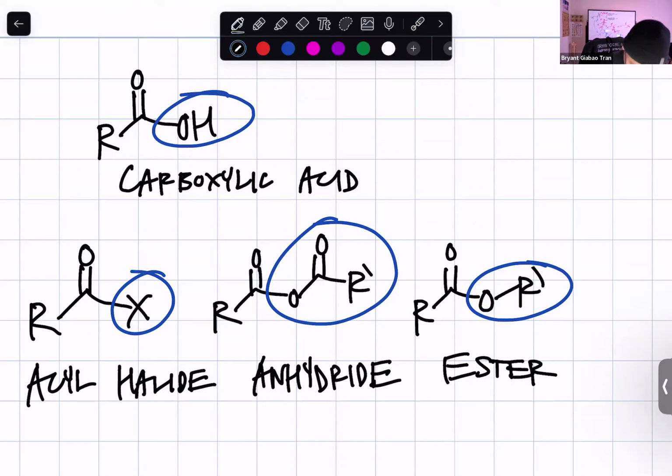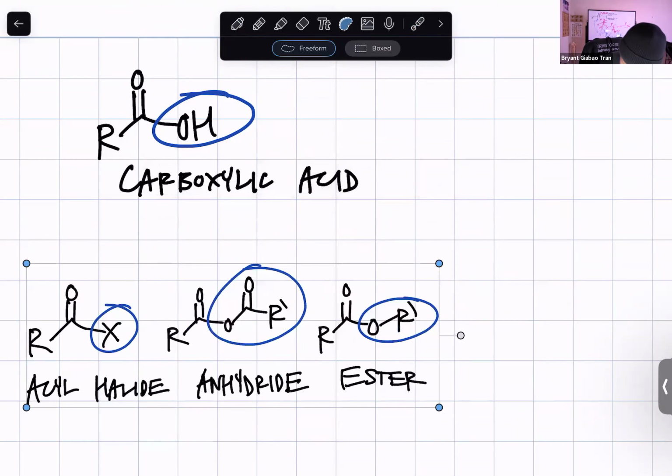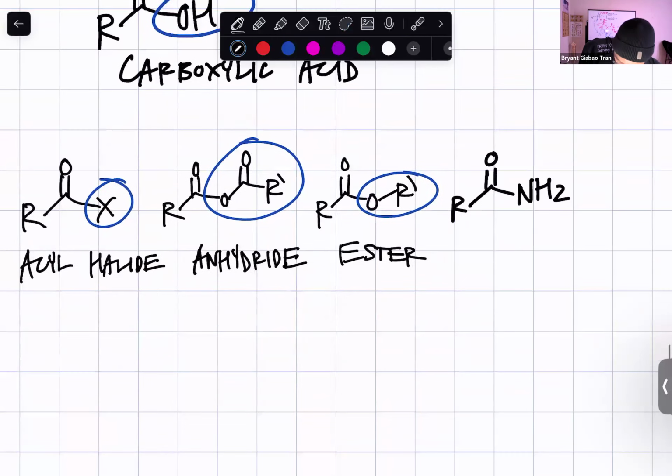Right? And then the other thing is going to be an amide. So you are going to see there's three different types that you might see. This primary amide with two hydrogens.